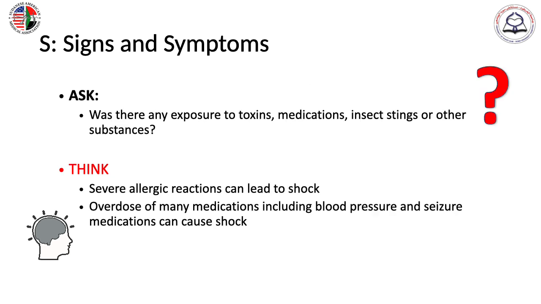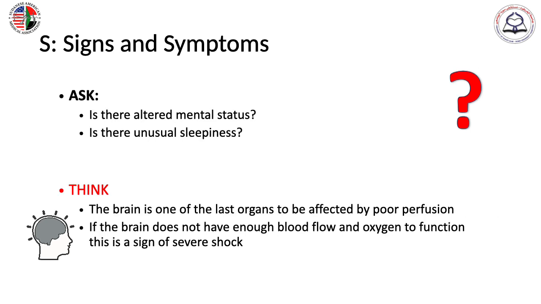And was there any exposure to toxin, medication, insect sting? Because this can lead to anaphylaxis and distributive shock. Drug overdose can also precipitate shock, especially blood pressure and seizure medication.